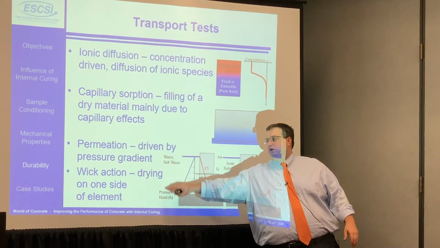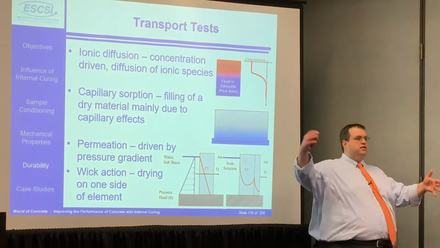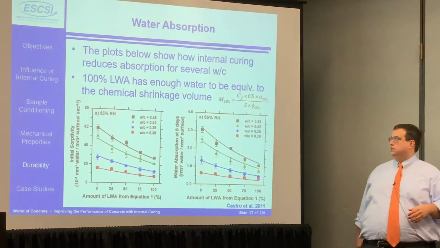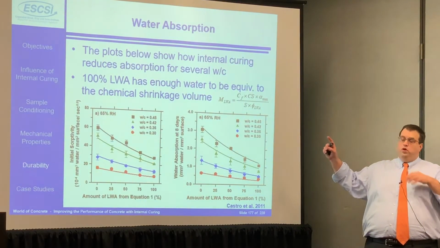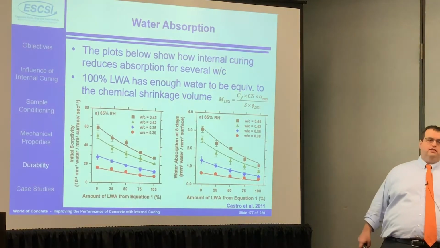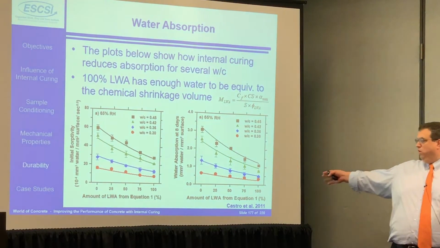And then a lot of times we have drying on one side, suction on another side, and it causes something like a wick. It causes water to move through the system and essentially be deposited. We see, again, x-axis is the amount of lightweight in the system. 100% is internal curing. Sorption, the suction of water, goes down substantially because we've increased the density of the system, we've reduced the interfacial transition zone.